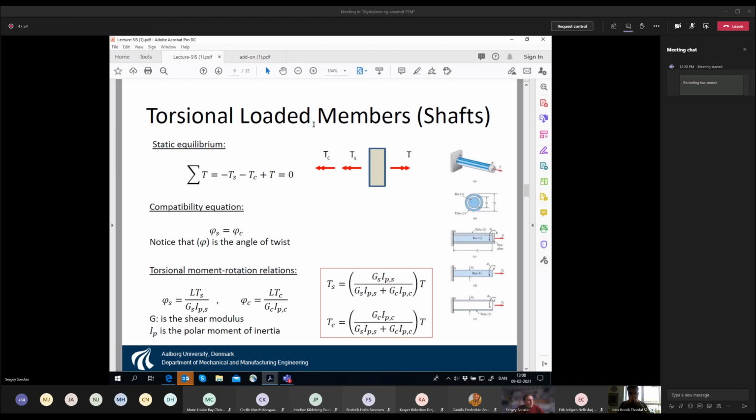If we have torques or torsional moments, we just use this sort of nickname. So this is just a double arrow, like this, and like this. But the structure is the same.